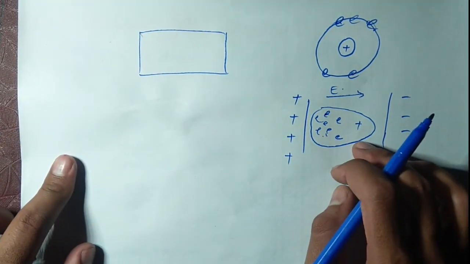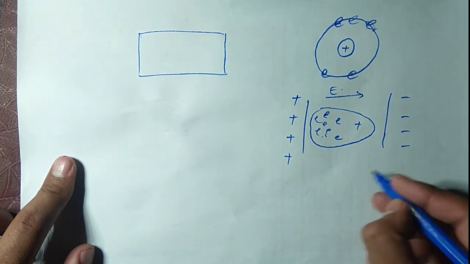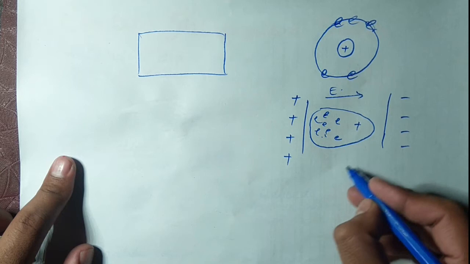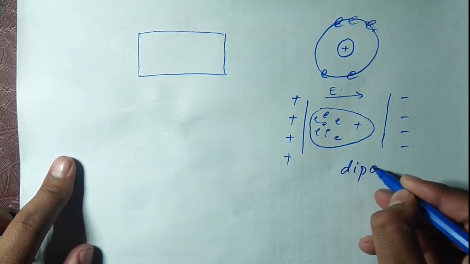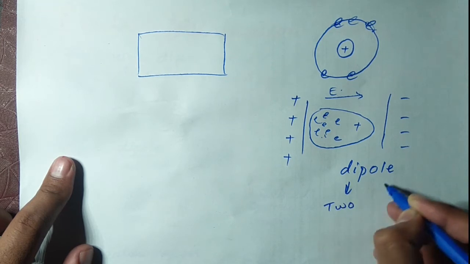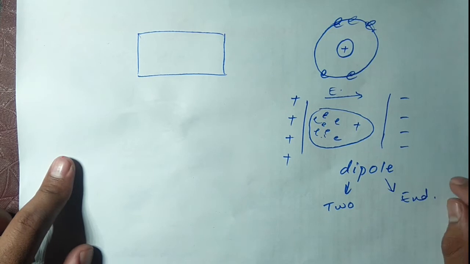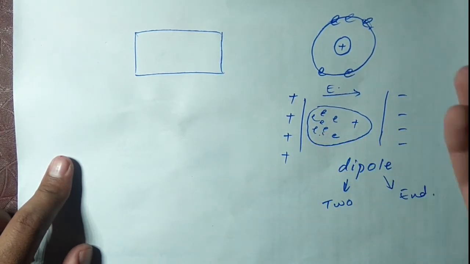Because of this, when we talk about a dipole, what is a dipole? Di means two, and pole means ends. Just like a south pole and north pole, we have two ends, two poles.